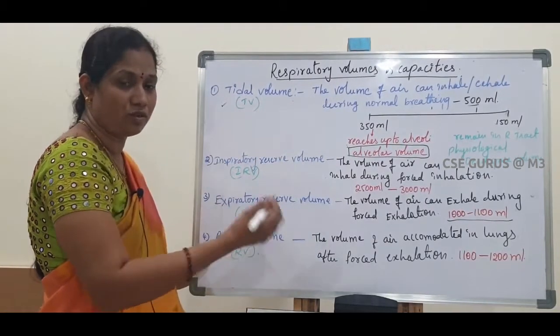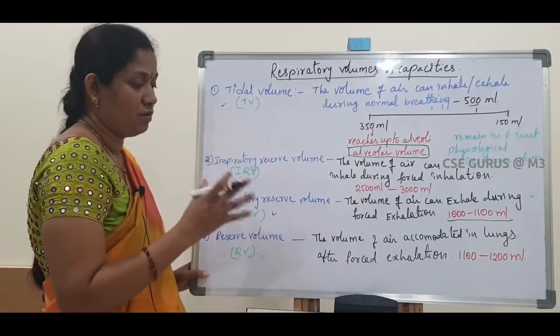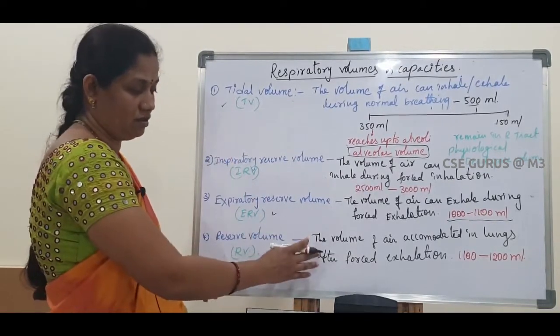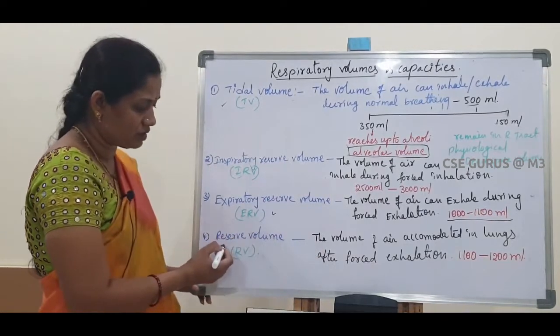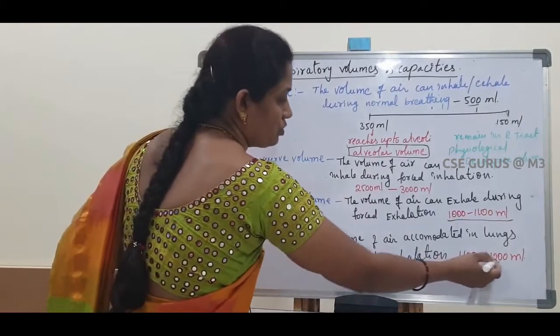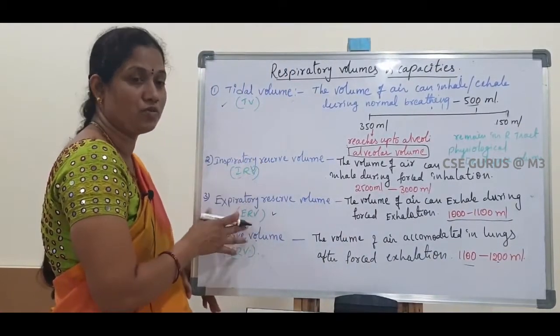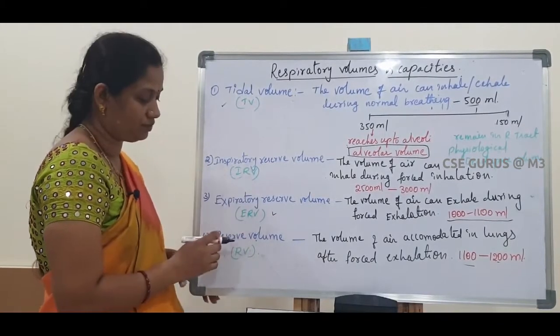Even after TV and ERV come out, some amount of air is still present in the lungs. That amount is called residual volume. It is about 1000 to 1200 ml. So these are the respiratory volumes.